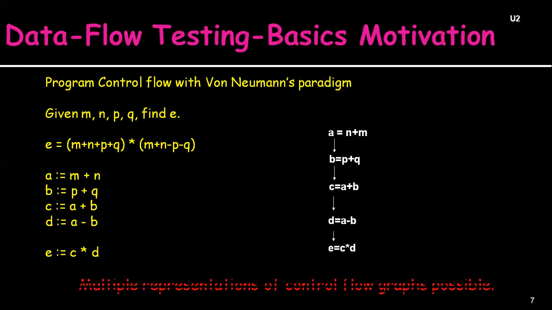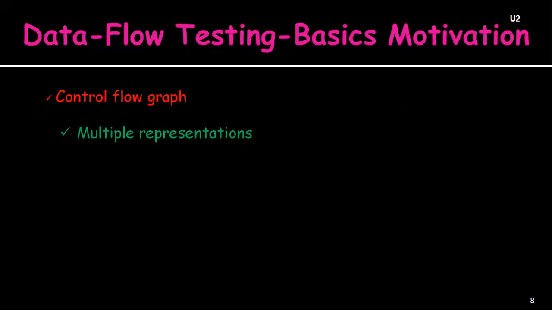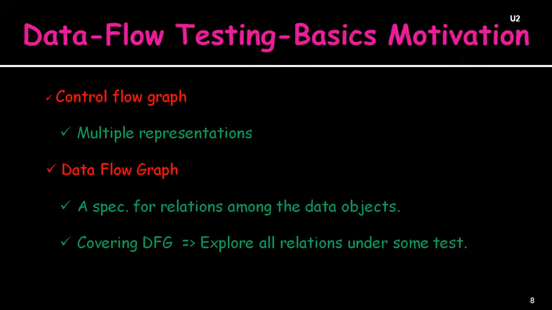Suppose we are using parallelism. While using parallelism, we can execute by using control flow graphs in multiple representations, and we use data flow graphs specific for relations among the data objects. Then covering a data flow graph implies exploring all the relations under some test.